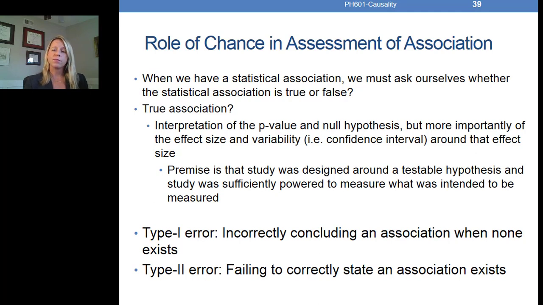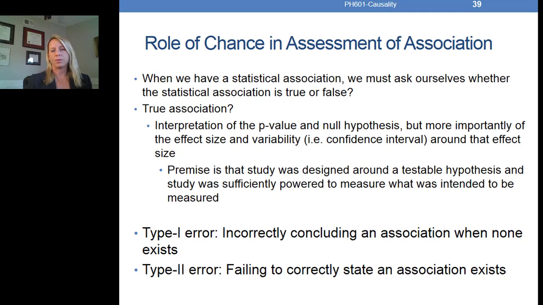So we often decide to do that based on our p-value and other values that are generated from our data. More importantly, we look at the confidence interval around our measure of association, because that itself provides us with the variability of the true effect size that the p-value itself doesn't.